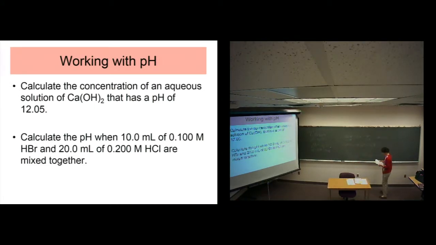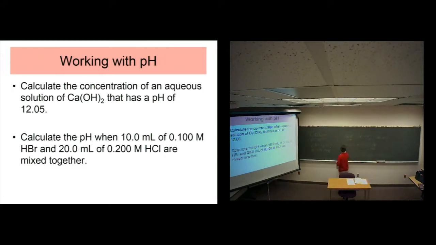Do we want the hydroxide ion concentration or do we want the calcium hydroxide? Calcium hydroxide. So this is a 2 to 1, isn't it? That's right. So it's 5.6 times 10 to the minus 3. Yay! Perfect. All right, everybody got that one okay?